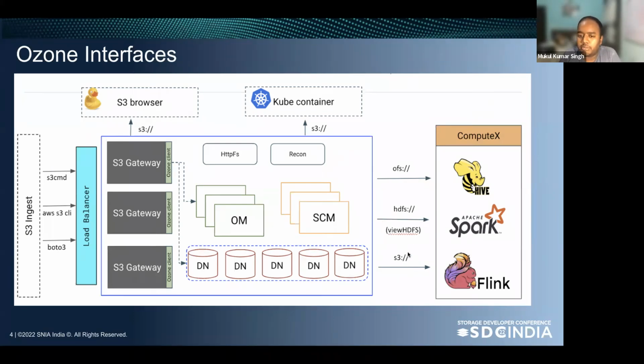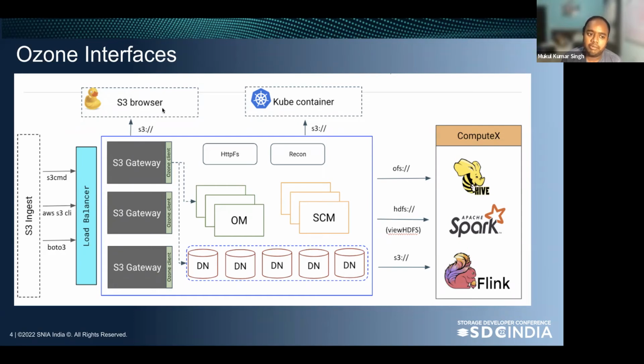Hive and Spark can talk to Ozone using the S3 file system. We also support what we call HDFS like URI, and this is done using the ViewFS HDFS protocol. ViewFS supports mount table, using which users can define a mount table and access Ozone. And then all the other access patterns which we have are all S3 related.